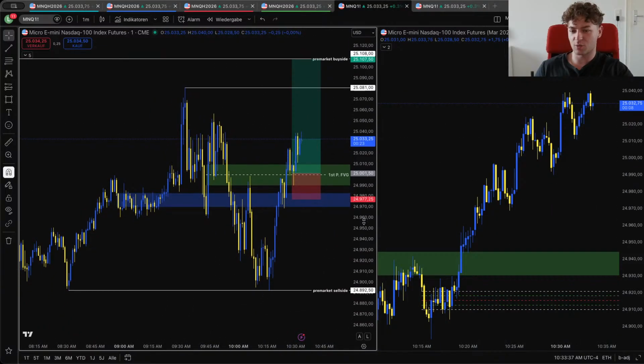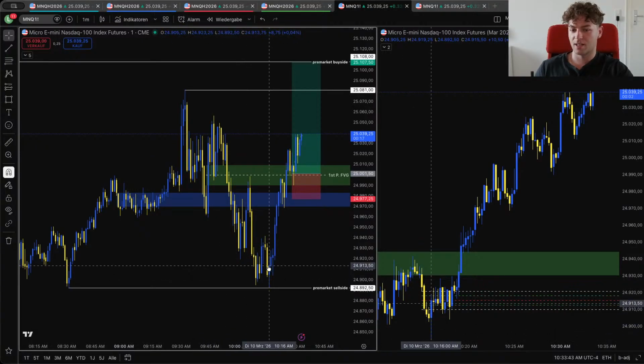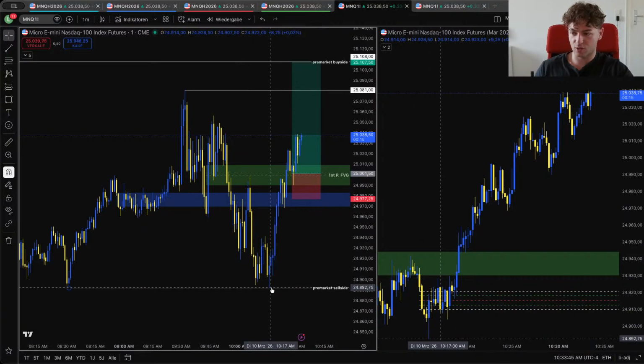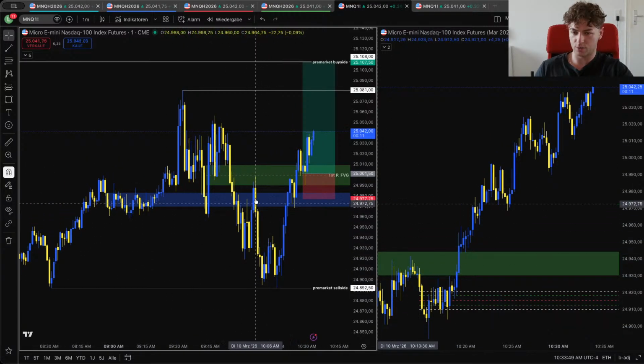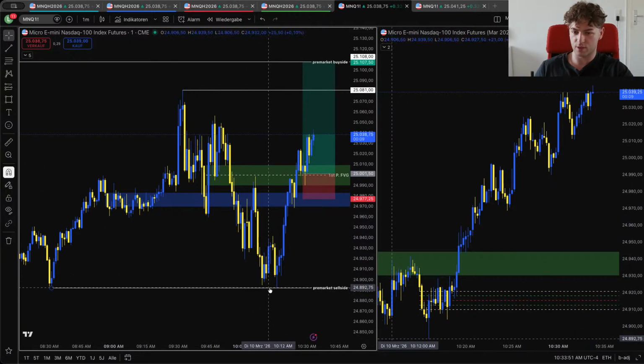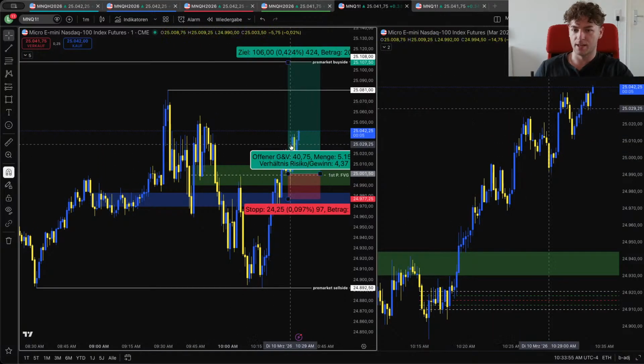Bro, the entire session I was looking for longs, okay? I was waiting for sell side liquidity to get taken out, but it didn't. So I was telling the people here, I was waiting for a sell side sweep and a market structure shift above this first present fair value gap and then go long.